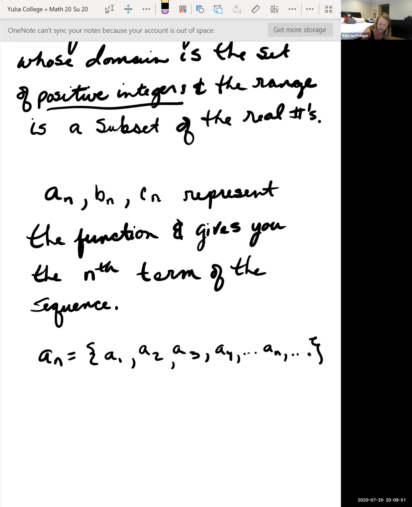This 1 here tells us this is our first term, and this is where we let n equal 1. This is our second term, the next term, a sub 3 is our third term. So if you see a sub 3 equals something, that tells us our third term equals that.